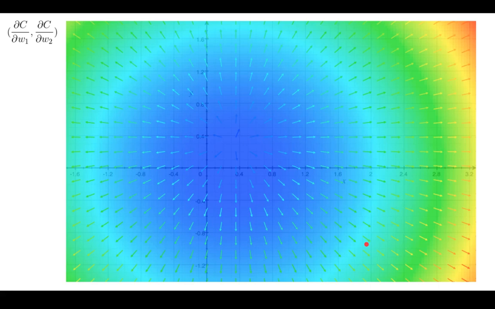And similarly, if we take the rate of change or the gradient of the cost function with respect to W1 and W2, we see that we've got these arrows that are pointing away from somewhere in this region here. So as you get farther and farther away, the cost function increases in value. That's what a gradient means, the rate of change.